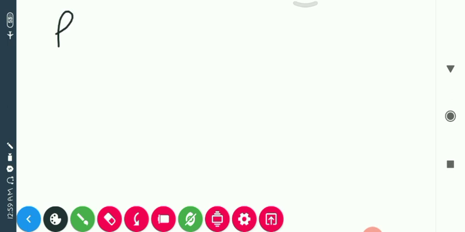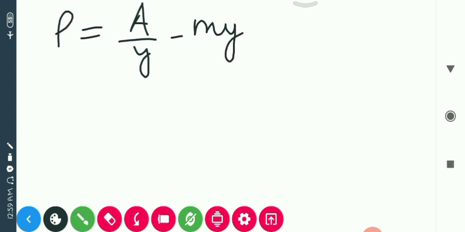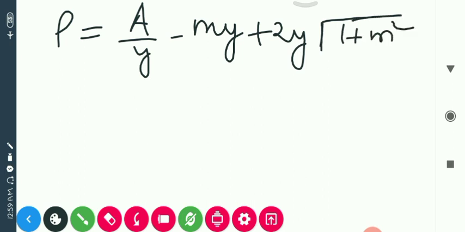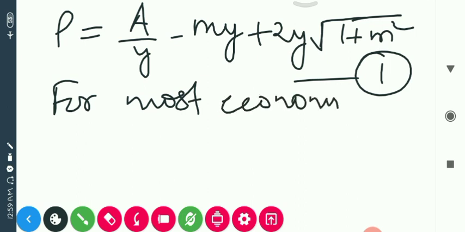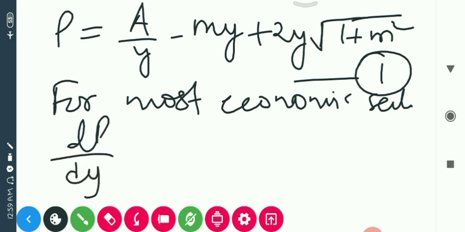What is the best side slope? We have obtained that P is equal to A by y minus my plus 2y into under root 1 plus m square. Let us consider this equation 1. Now for the most economical section, we have dP by dy equal to 0.